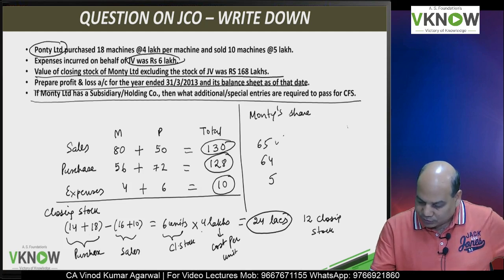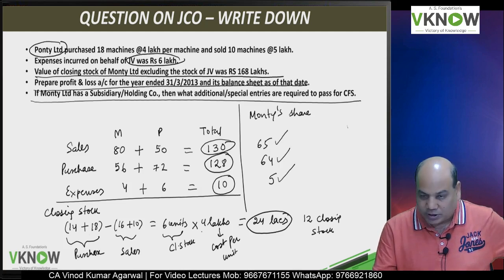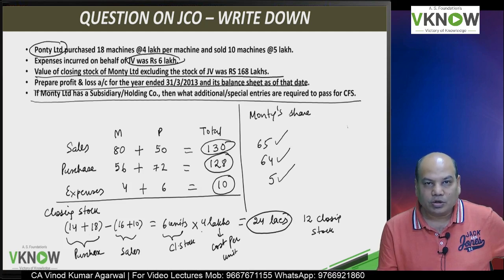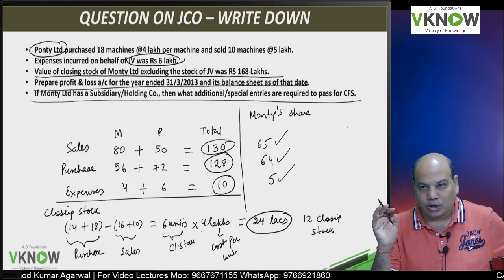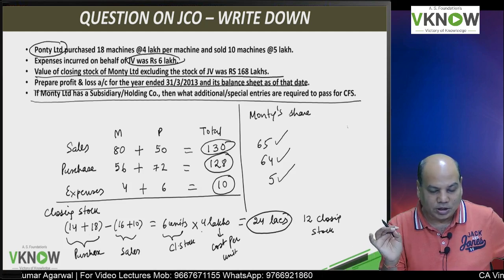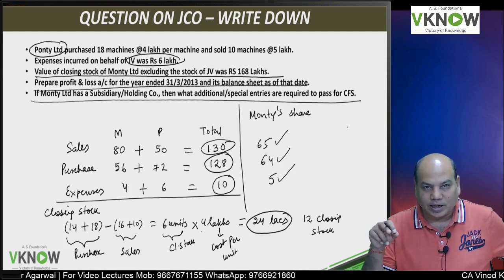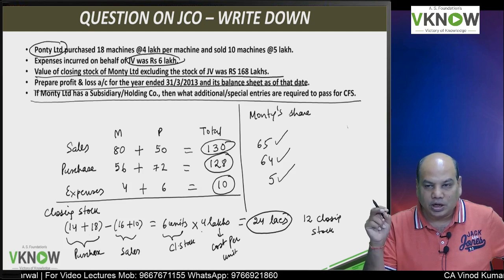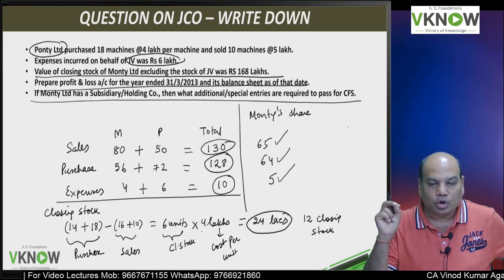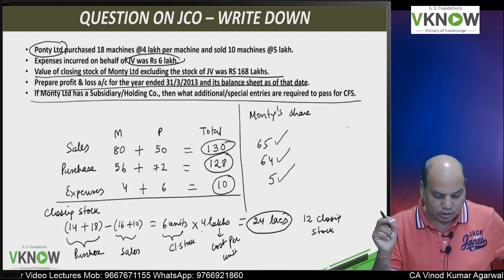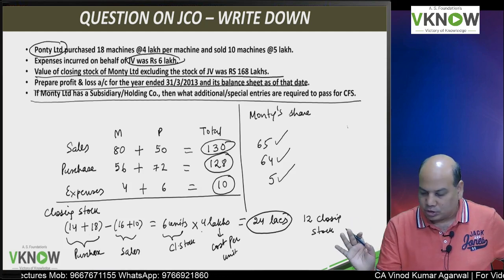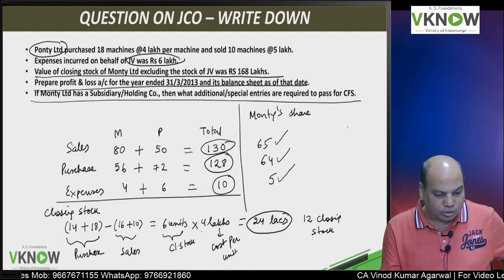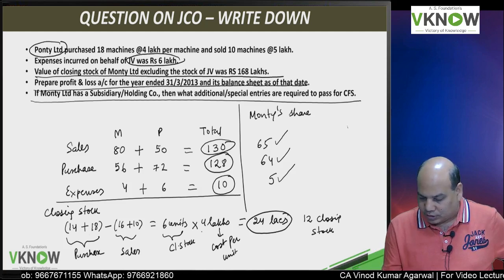So this sale, purchase, expense we are going to record in the books of Monty. We are going to eliminate suspense account of 20, and the balancing figure represents amount receivable or payable from or to Ponty. Okay, so please now take out your notebook and write down the answer.